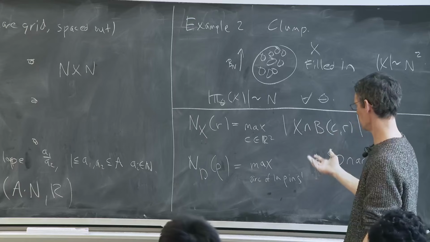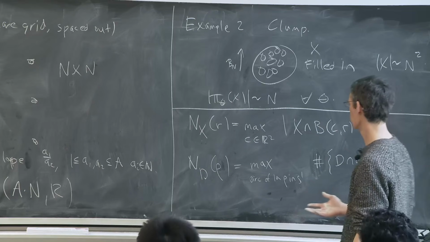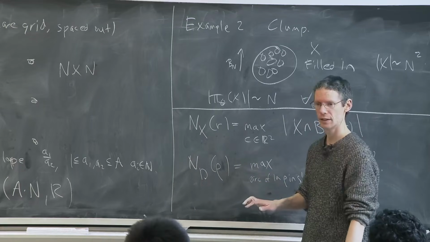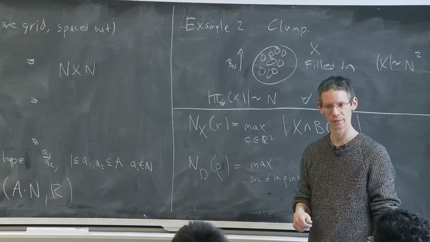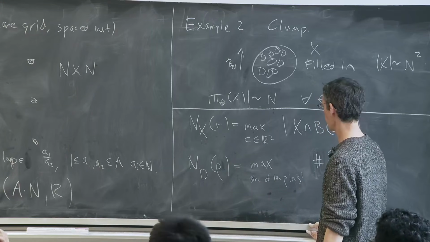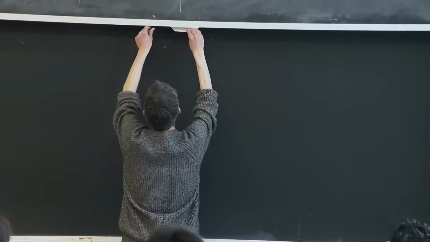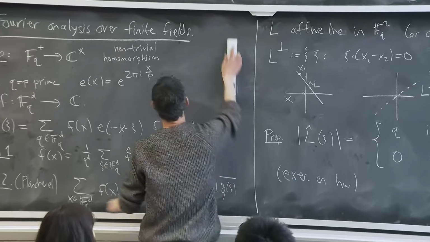OK. So you could describe our goal in projection theory in Euclidean space in the following way. Given some information about this thing and that thing, try to estimate S and D and X. You can phrase it that way.